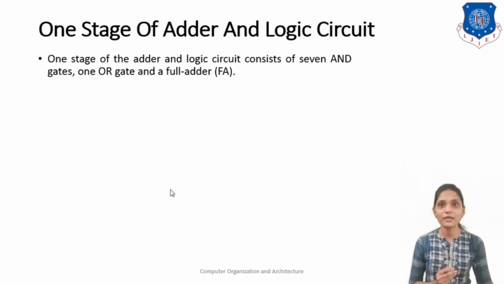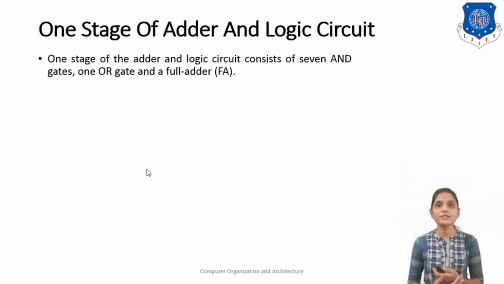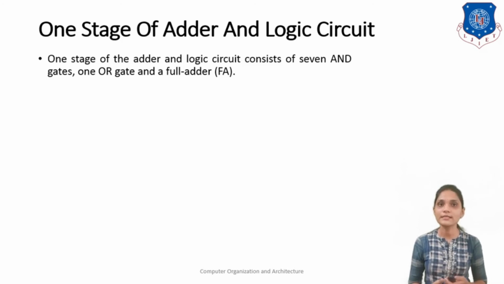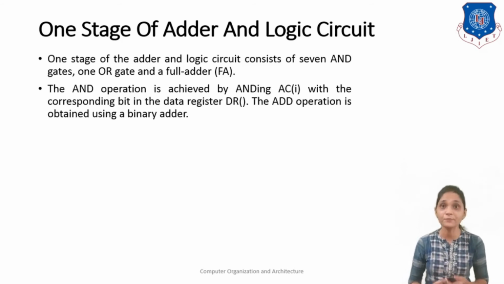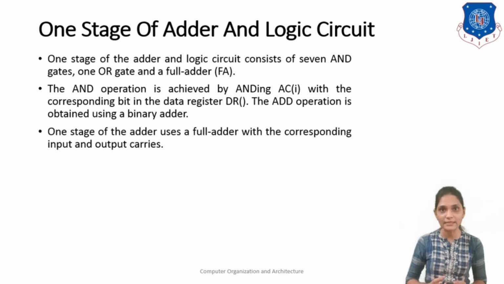Further, we can say that one stage of the adder and logic circuit consists of 7 AND gates, 1 OR gate and a full adder. The AND operation is achieved by ANDing the accumulator's ith bit and the corresponding data register's ith bit, and the add operation is obtained by using this binary adder.